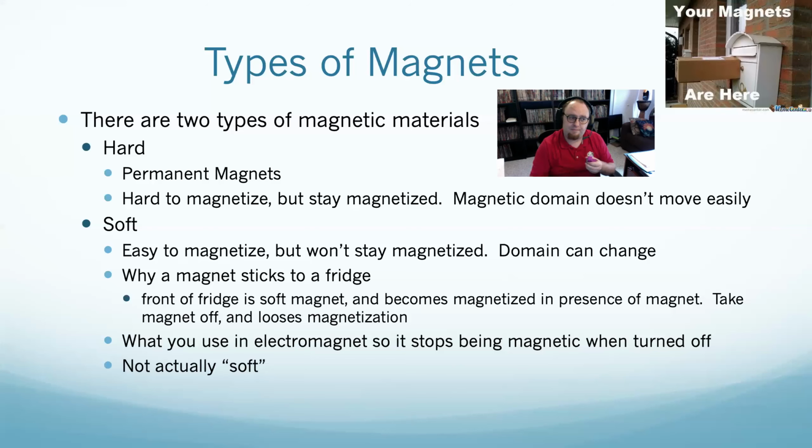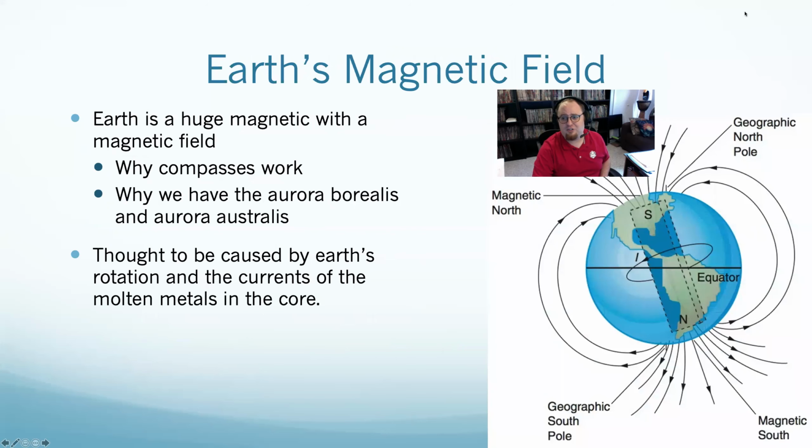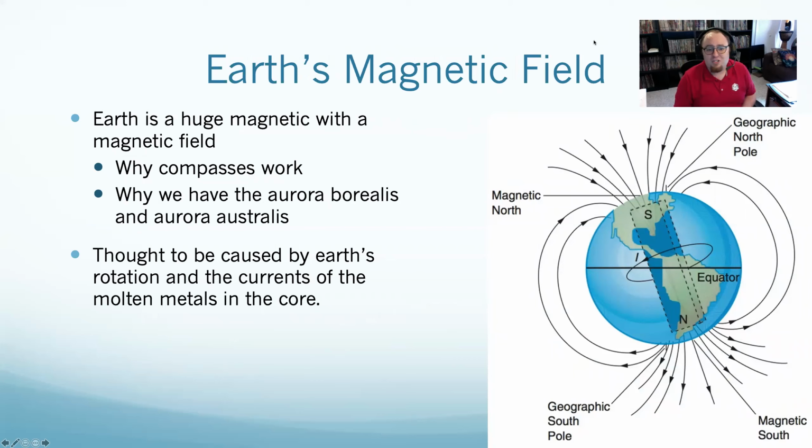Okay. Now, the biggest magnet that we deal with is the Earth. The Earth is just a huge magnet. It's why, like I said, a lot of animals use it. It is why we have the Aurora Borealis and the Aurora Australis. Why is the Earth a magnet? There's the traditional reason people think it's a magnet, but then there's the more complicated reasons that are more likely.